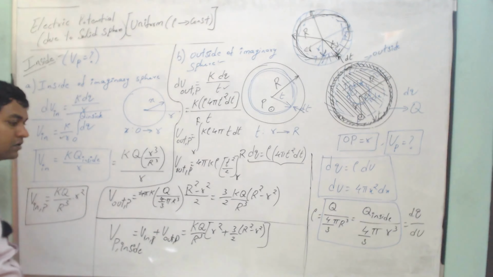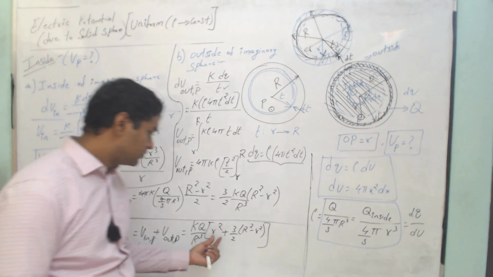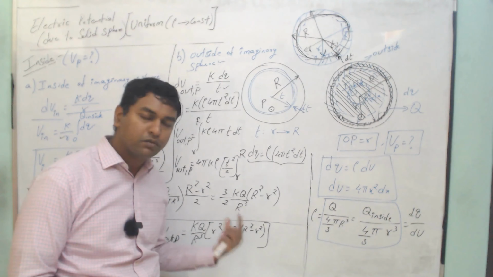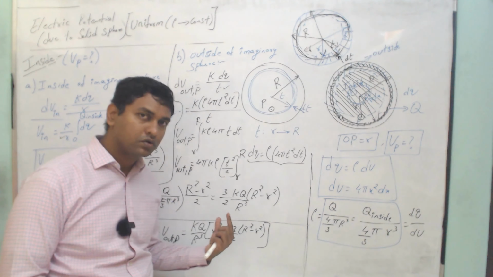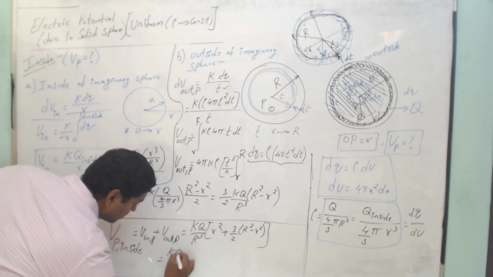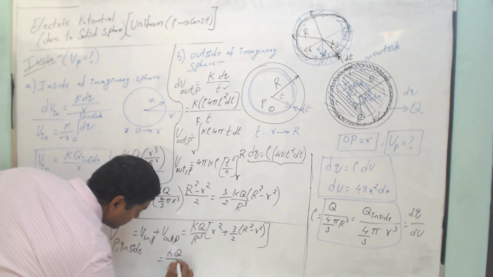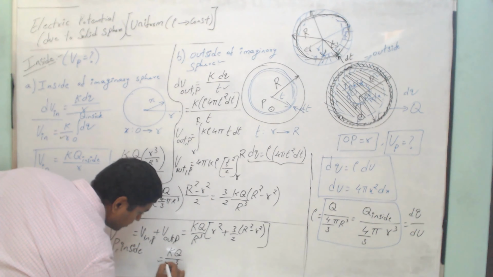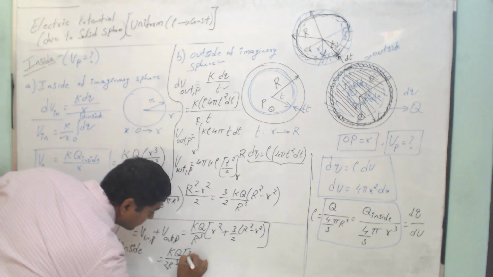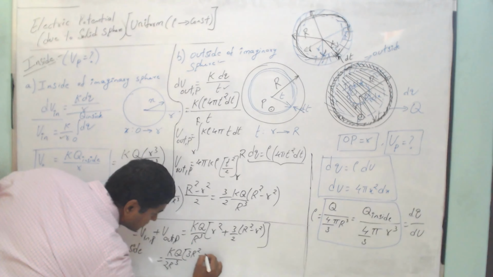What is this? 1 minus 3 by 2 is minus 1 by 2. So here I have capital Q by R cube. We can bring 2 out. 2 in the denominator, and inside I will have 3R square minus r square.